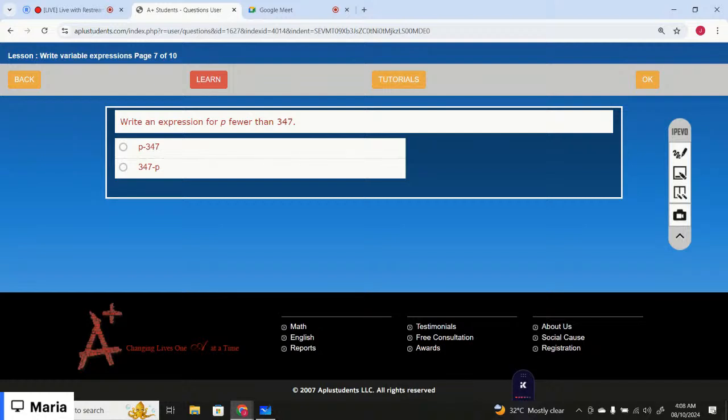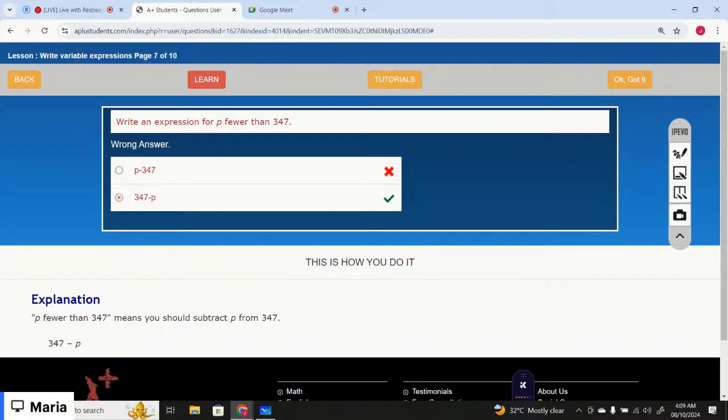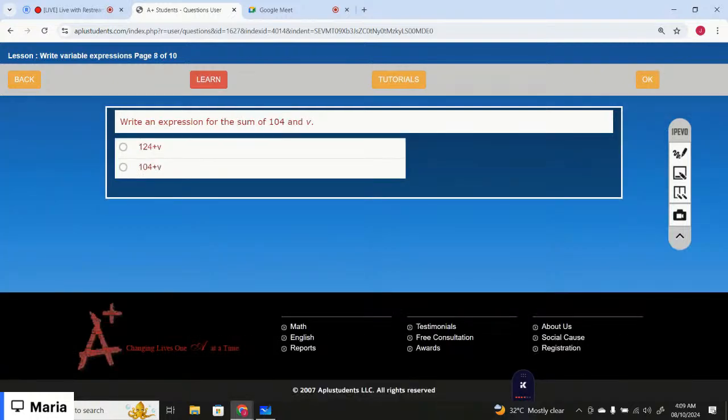The correct option is, p fewer than 347 means you have to subtract, that is p minus 347. Sorry, that means you have to subtract p from 347. So option number 2 is the correct option.